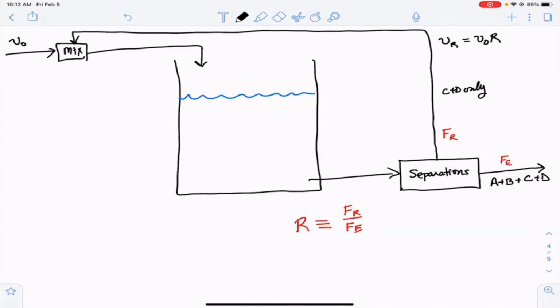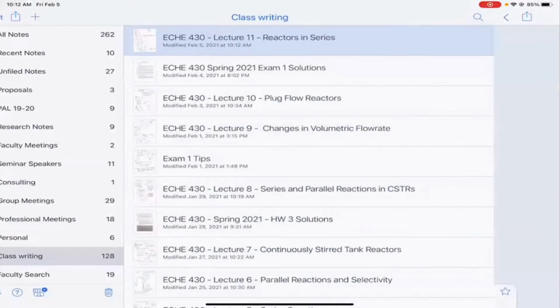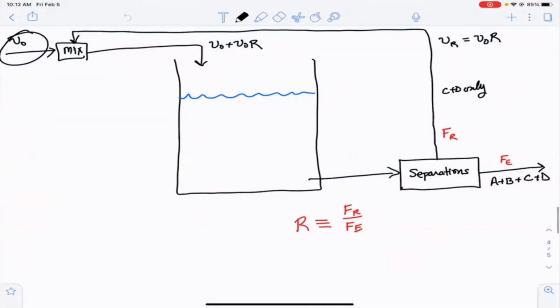And then the volumetric flow rate into this reactor is just V0 plus V0 times the recycle ratio. And of course, if everything's running at steady state and these are liquids, the volumetric flow rate here and the volumetric flow rate here have to be the same.